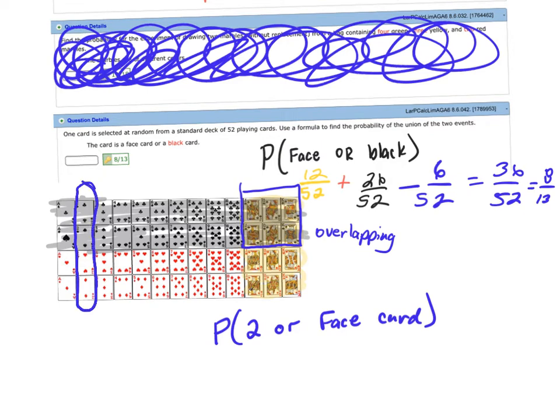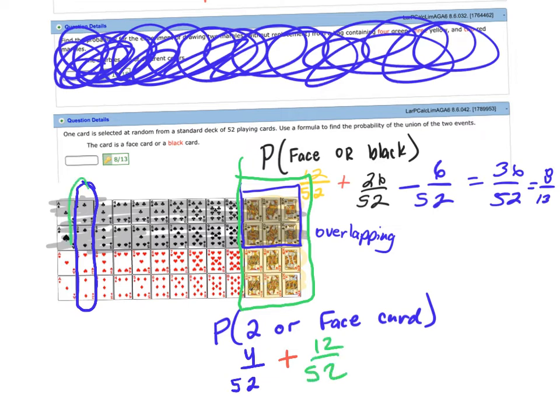How many 2s are in a deck? 4. 4 out of 52, right? What does the word or mean to do? Add. And then how many face cards? Here's my face cards. How many face cards do I have? 12. 12 out of 52.